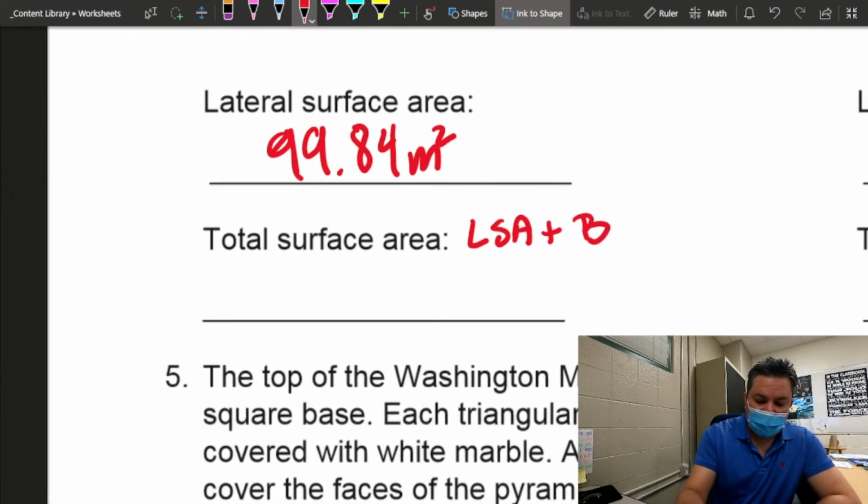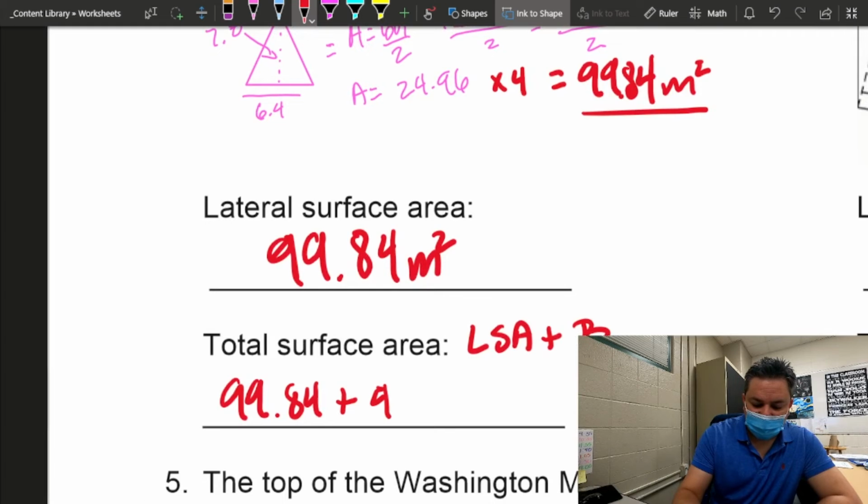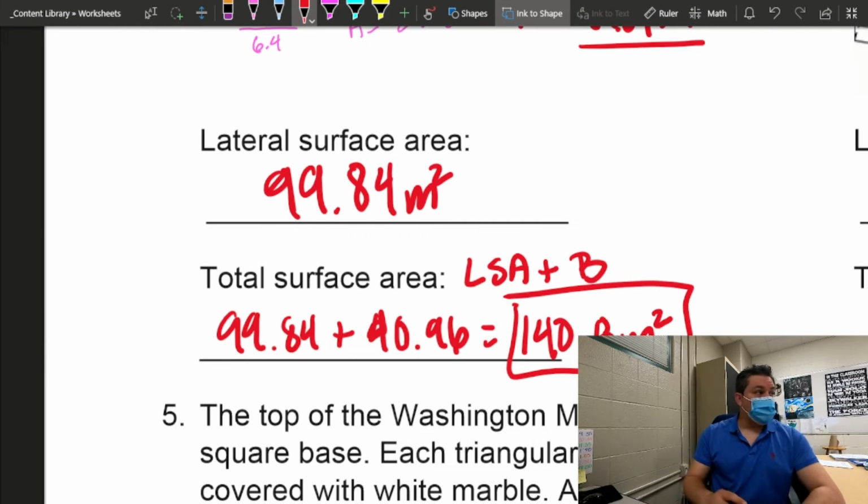So I know my lateral surface area is 99.84, and I know the 1 base is 40.96. So what is my total surface area? 140.8 meters squared. So this is the total surface area.